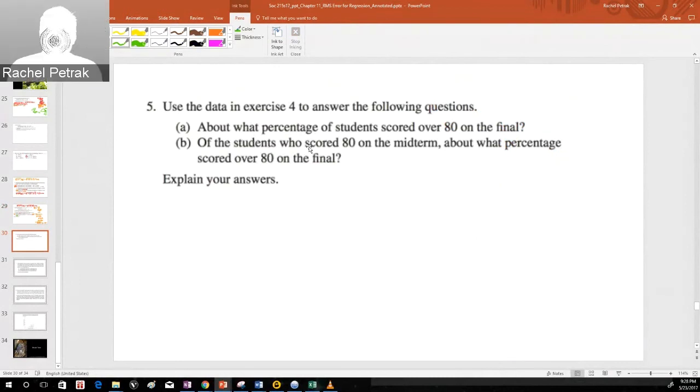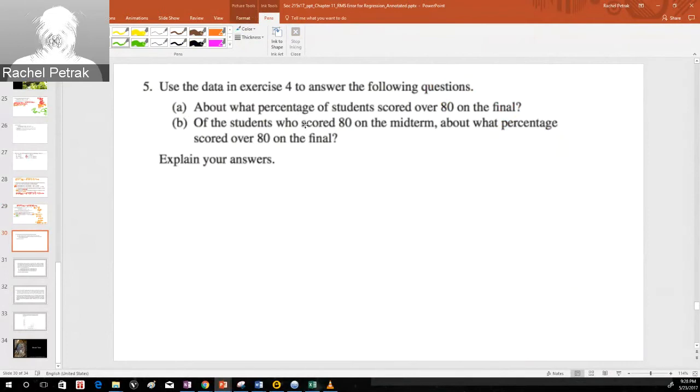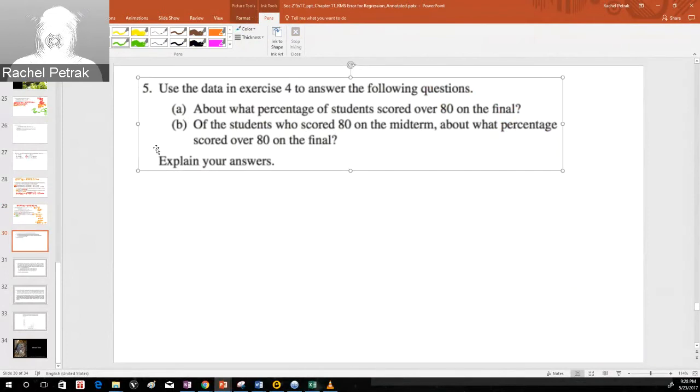So what percentage of students scored over 80 on the final? Well, we're going to go back to remembering how to use the normal approximation within the regression. And so we can convert 80 to a standard score and then get the percentage in the distribution.